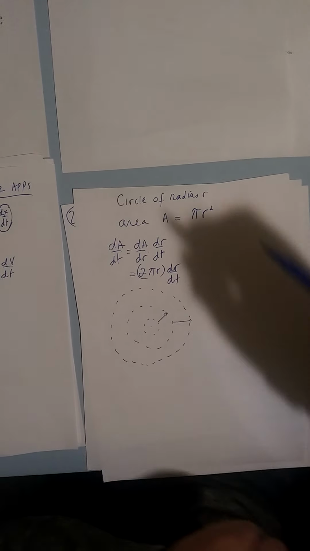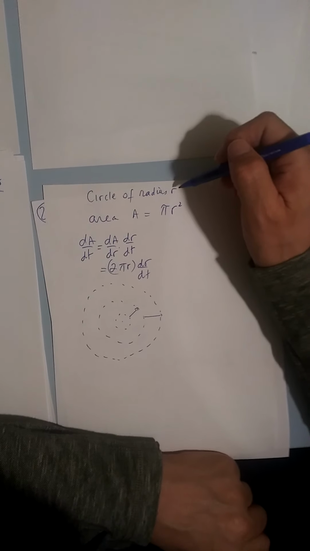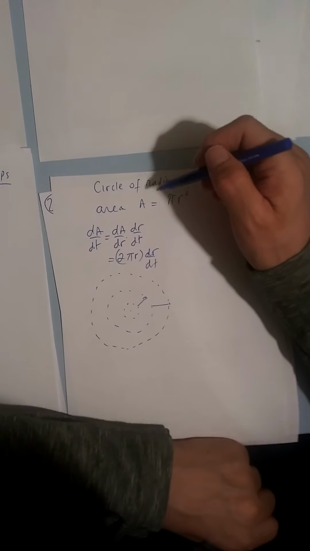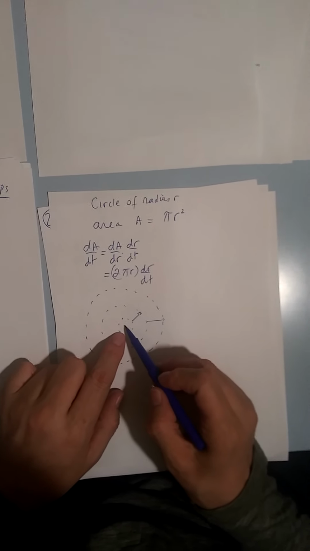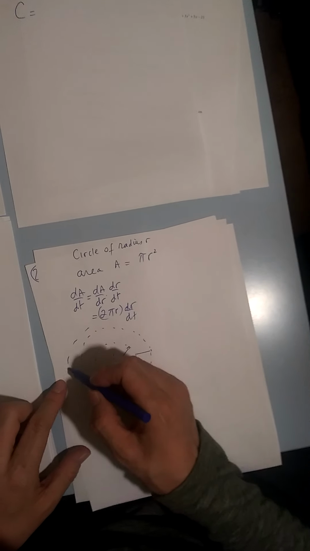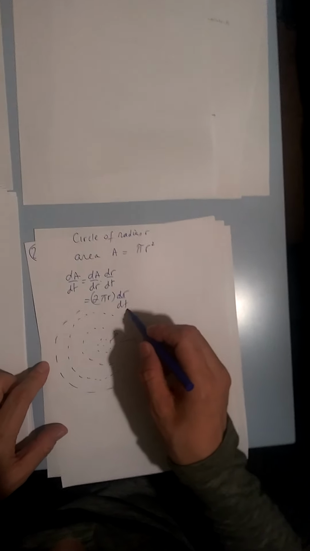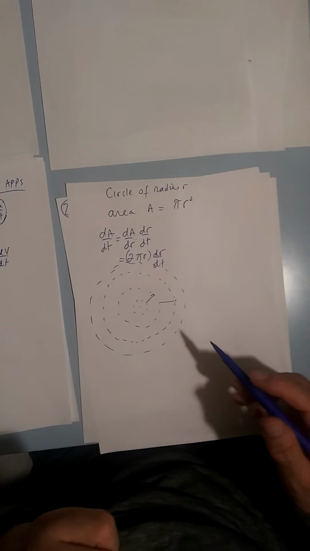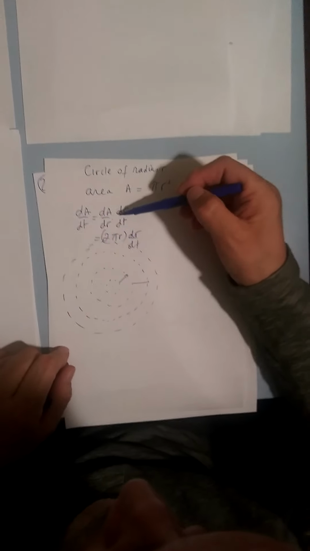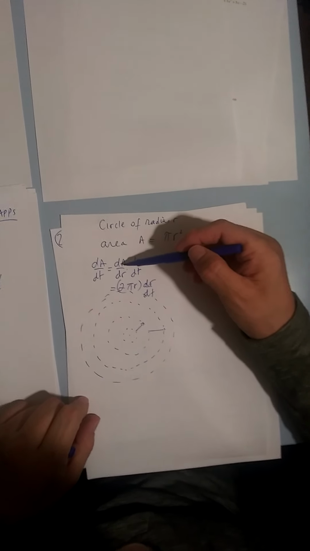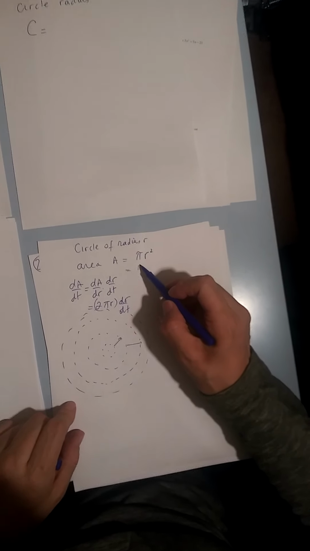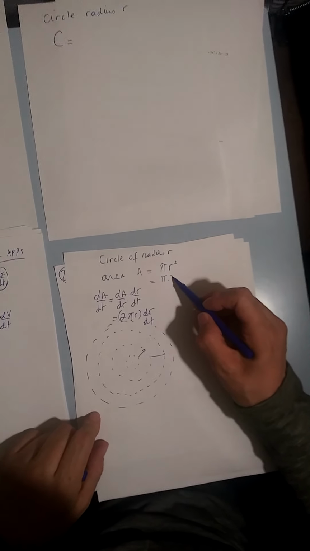Here's another example. Suppose you have a circle of radius r. When the radius changes, the area is going to change. So if the radius of the circle increases, so does the area. And the bigger the radius, the bigger the area is going to be. dA/dt is equal to dA/dr times dr/dt. dA/dr is the derivative of A with respect to r, which we can get from here. dA/dr is pi times the derivative of r squared, which is 2r.